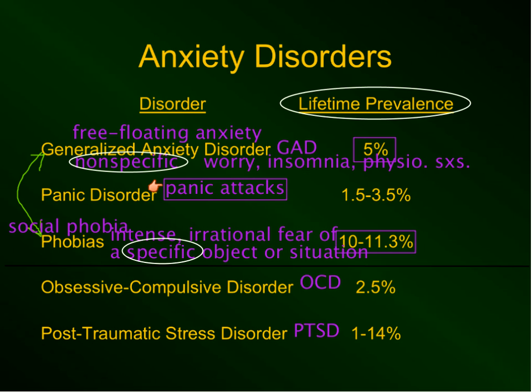So I have one of these panic attacks, and the core defining feature of panic disorder is this: the fear is about having another panic attack. So fear of another panic attack is the key defining feature of panic disorder. So you're not worried about non-specific things or whatever might come to mind like GAD.